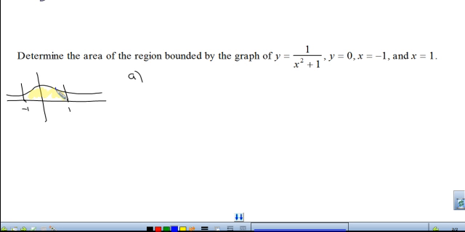We're going to make a vertical strip and find the area of that. So it's a small change in x. So I'm going from negative 1 to 1 of the top minus the bottom dx.